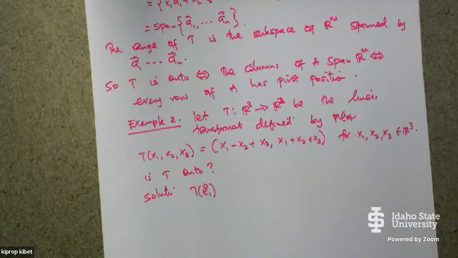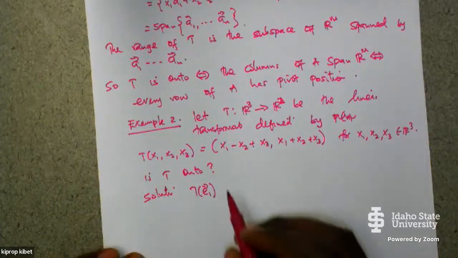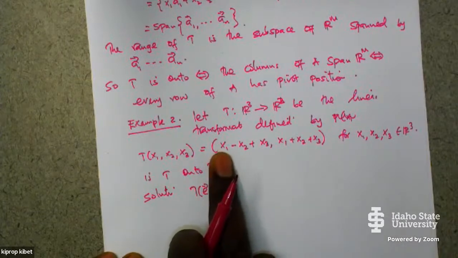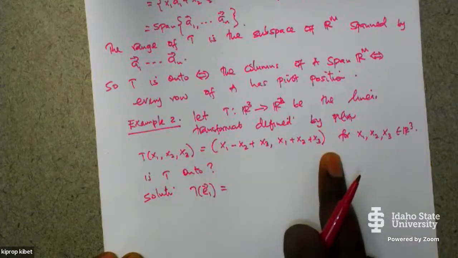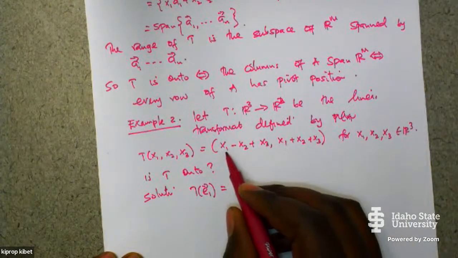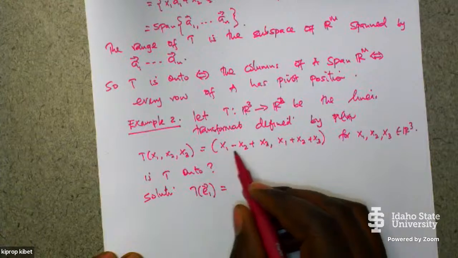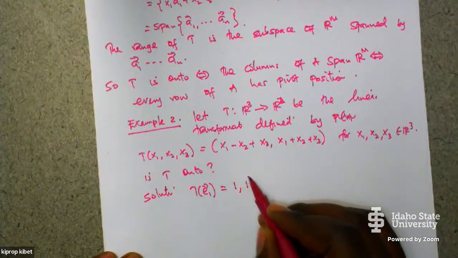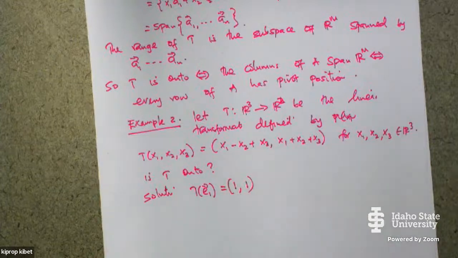So now T of e1 is where x1 is 1 and the others are zeros. If we substitute these values, the first one is 1 and the others are zeros, so it is 1 and 1.